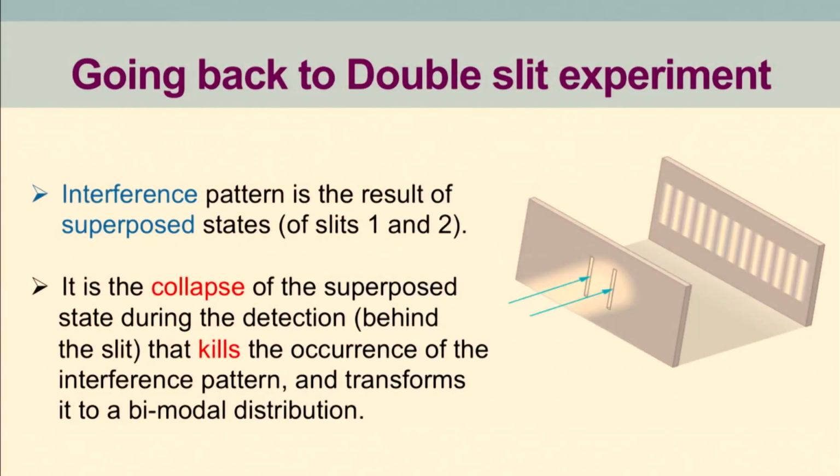This is actually because of the collapse of the wave function, the collapse of the superposed state. So before I made the measurement, before I put the detector near the slit, the wave function due to the electrons coming and passing through the slit was in a superposed state. And as soon as I put an additional detector near the slit, the superposed state collapsed into a given state.